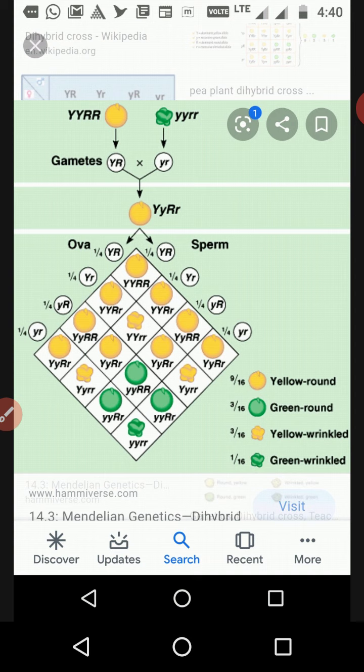Another third result, you will get 3 seeds that are wrinkled or shrunken with yellow color. Clear? So again it is the hybrid character, 2 different characters from 2 different parents. Color yellow and shrunken seed.